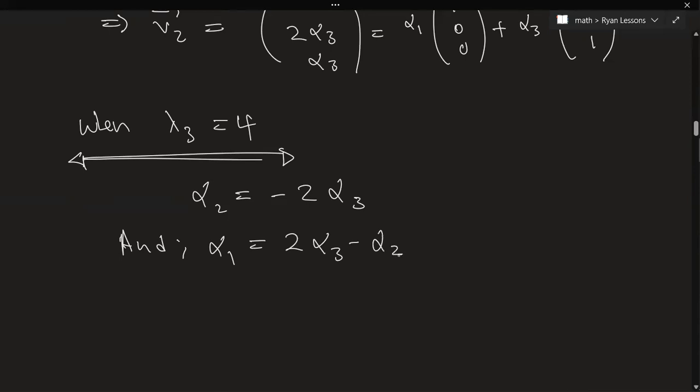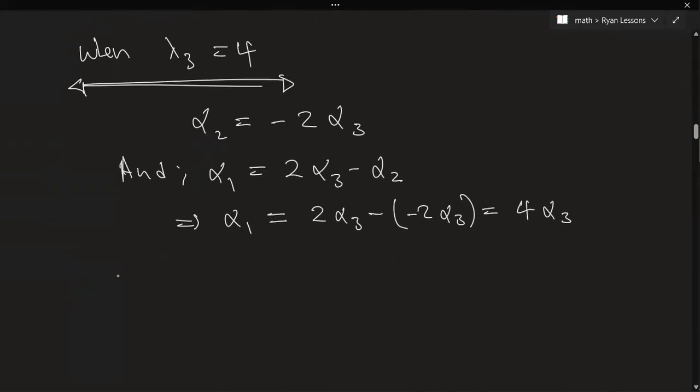So what I have to do now is, I know what alpha 2 is. So this implies alpha 1 can now be written as 2 alpha 3 minus negative 2 alpha 3, which will give us 4 alpha 3, like this. So we've managed to write everything in terms of alpha 3.